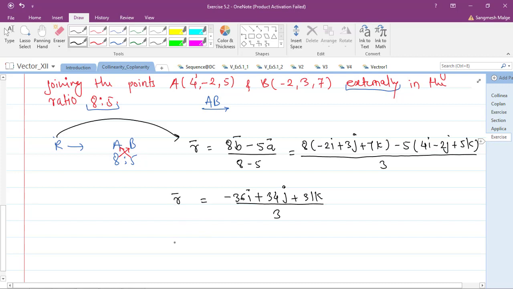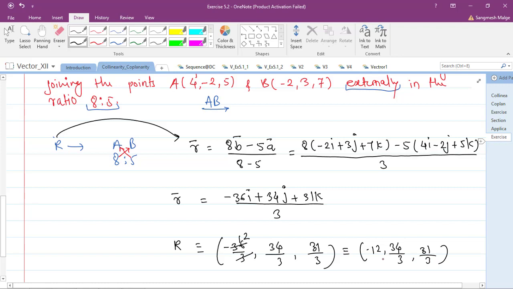Then what will be the coordinates of R? Simply take the coefficients of i, j and k. So R is minus 36 by 3 comma 34 by 3 and 31 by 3. These coefficients of i, j, k become the coordinates of point R. If you want to simplify further, it is minus 12 comma 34 by 3 comma 31 by 3.